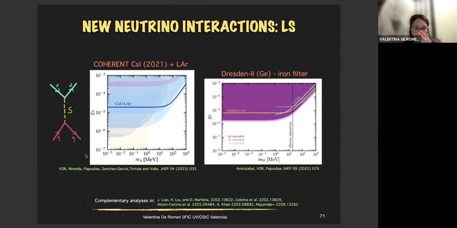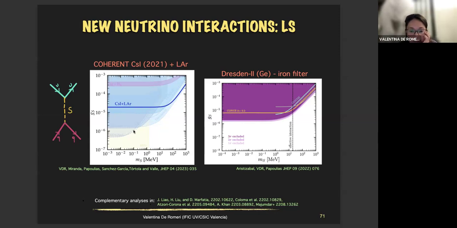And indeed, having a look at the 90% confidence level exclusion bound that we obtain here from the combined analysis of the two COHERENT data sets, we see that the bound is flat at low mediator masses. And we see that an experiment using reactor neutrinos, like the case of Dresden, would allow to improve by up to 1 order of magnitude these bounds at mediator masses below the MeV scale or so.